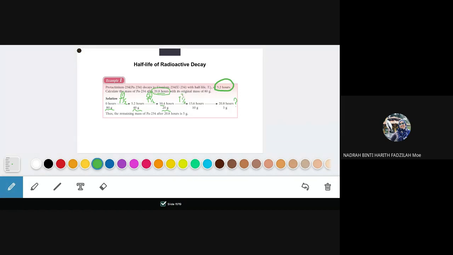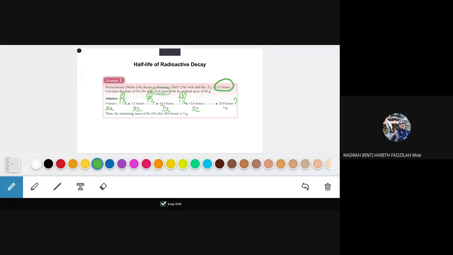This is the third half-life. Okay, so in the third half-life, the total hours is 15.6 and the mass has already reduced to half of the previous mass, which is 10 gram. Tadi 20, sekarang separuh daripada 20 is 10 gram.